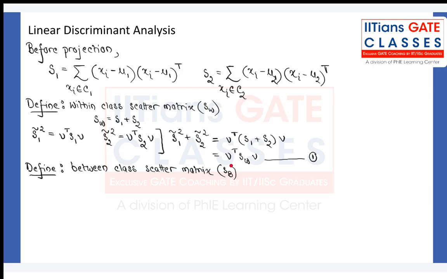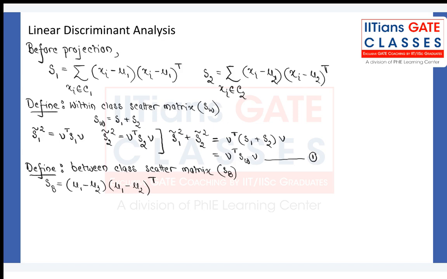Now SB is nothing but U1 minus U2, U1 minus U2 transpose. It's a dot product between the two mean vectors, the difference between the two mean vectors.